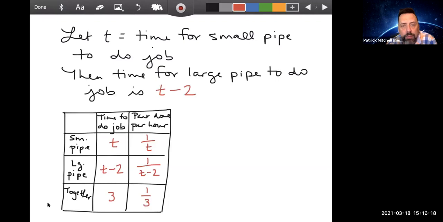And the equation comes from the part done by the first thing plus the part done by the second thing equals the part done by both working together. So this is our equation. And I think I will go ahead and write that down on the next slide. 1 over t plus 1 over t minus 2 equals 1/3.